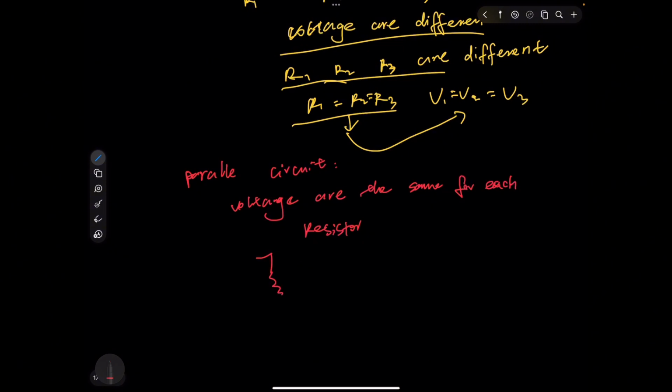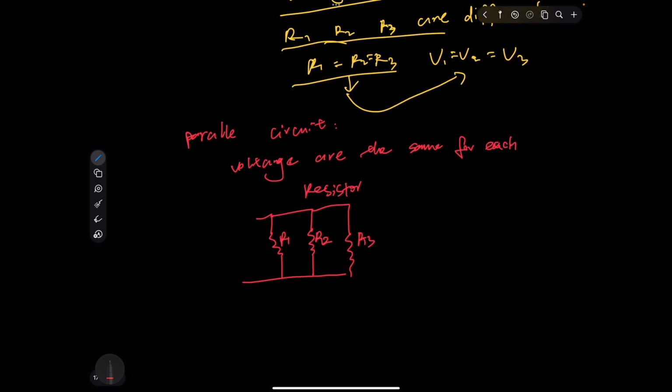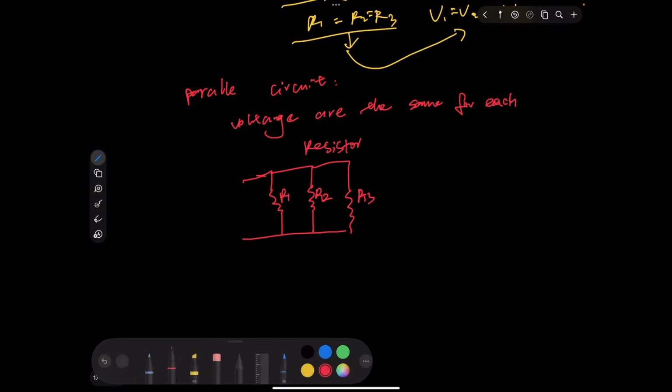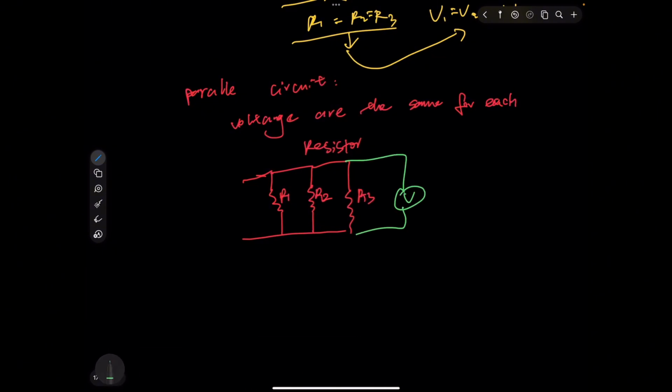Let's say if we have something like this, R1, R2, R3. So the voltage across this point, if we put a voltmeter here, they will have the same reading across R2, R3, and R1 because they are equal to the voltage here. Basically, this is just one line. There's no voltage drop on these lines.